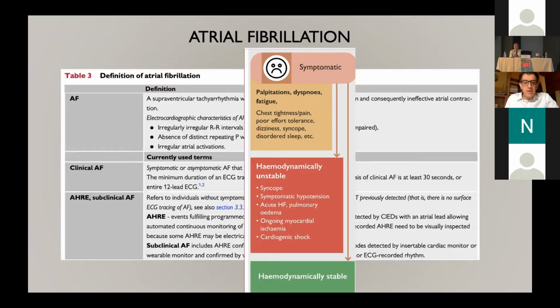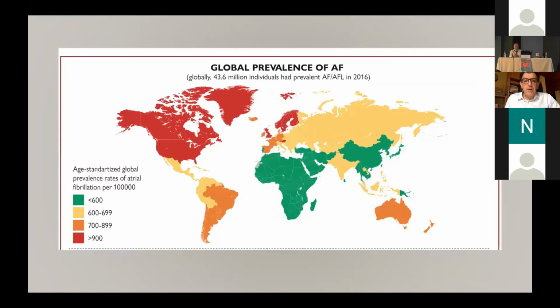Some could be hemodynamically unstable at the same time, or have comorbidities such as heart failure because of hypertension or ischemic heart disease, and it could be very dramatic at the end, even with cardiogenic shock in some of these patients.